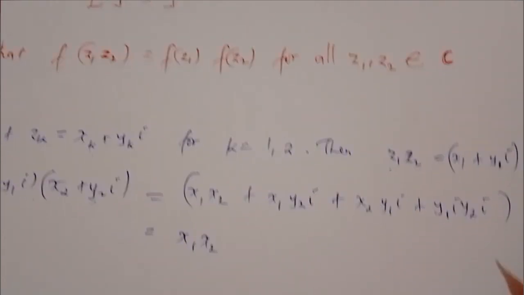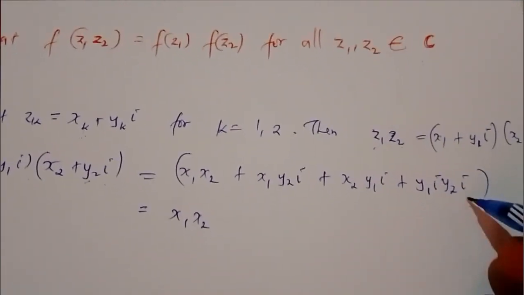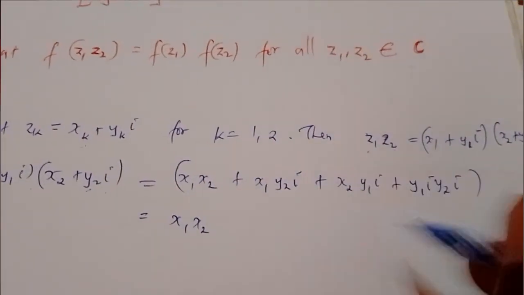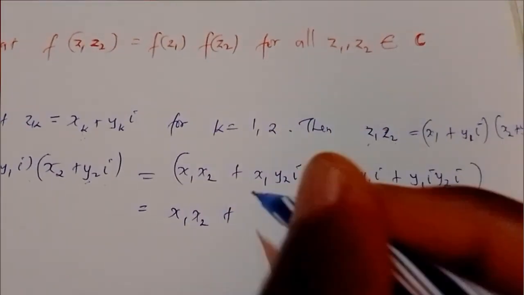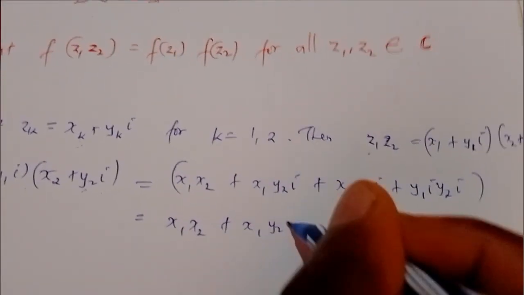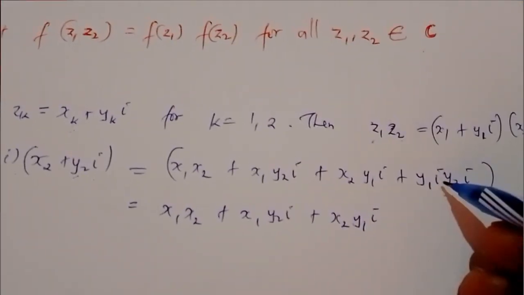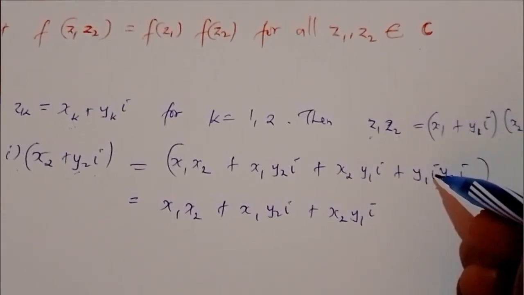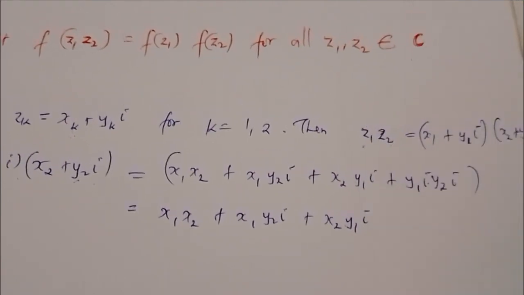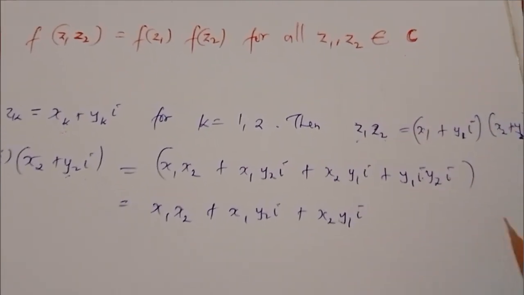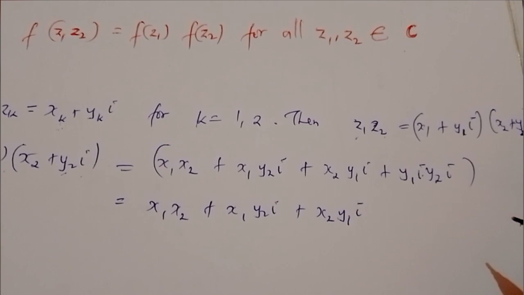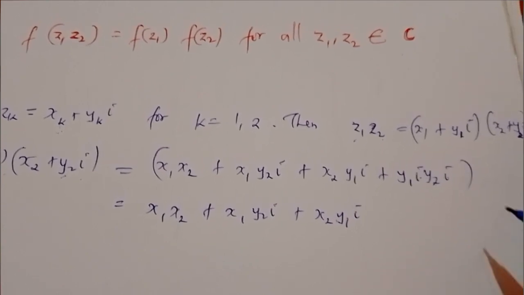Before we separate, there's something I have not tackled here, so let's write it first. Remember, i squared is equal to negative 1, since the square root of negative 1 is i.